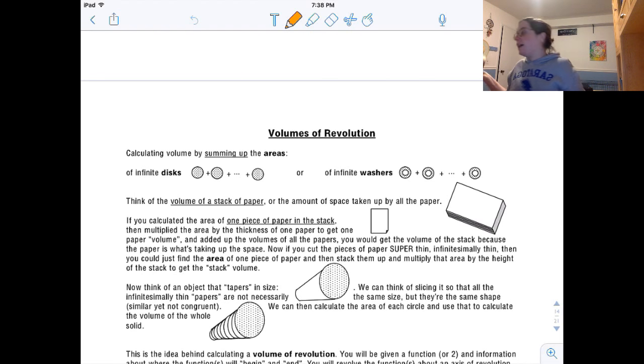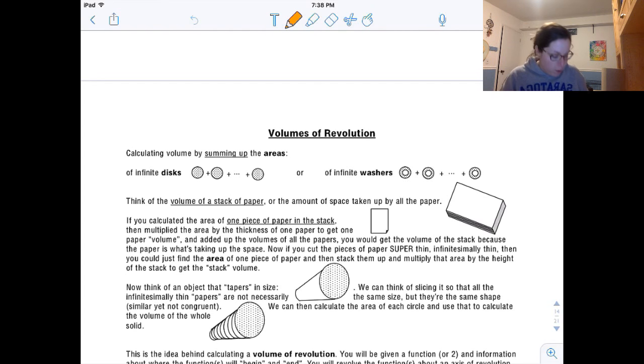Versus something more solid, like my water bottle, right? That would be like a disc because that would be more solid as you're going around. So we're either summing up an infinite number of discs or an infinite number of washers, and that would give me the volume of any given solid.